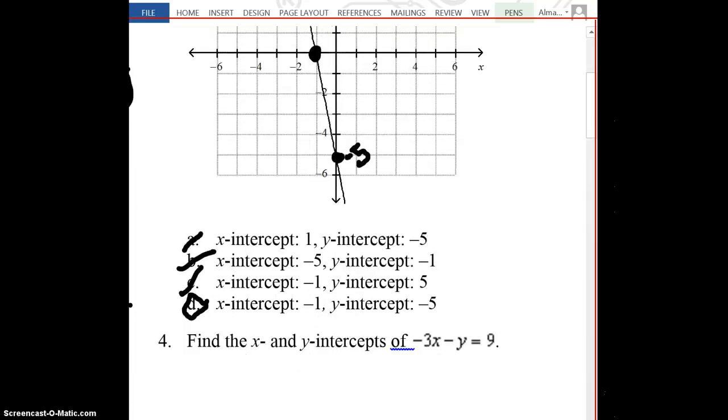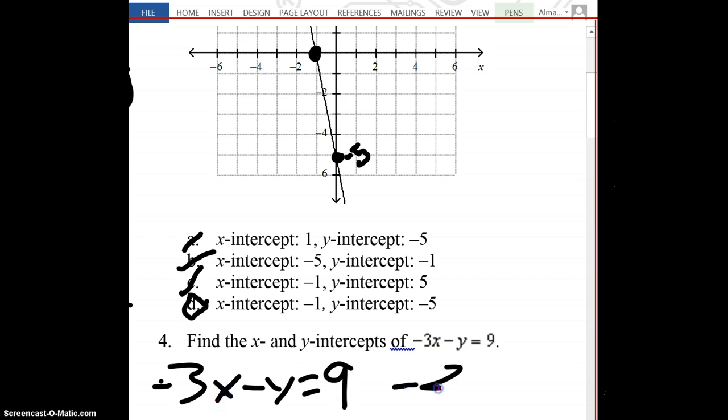Number 4, find the x and y intercepts of that equation. Okay, so anytime I'm finding the x or y intercepts from an equation, I write down the equation twice. And then let's start by finding the x-intercept.